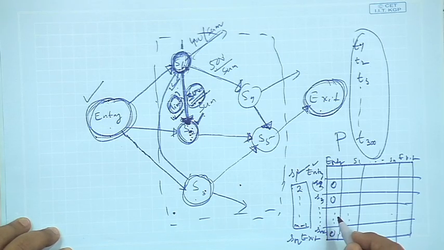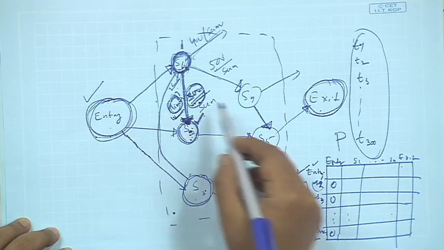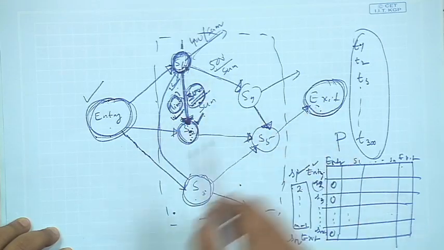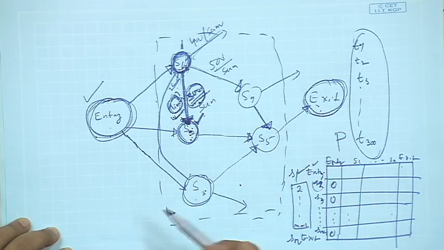Now, going from the first state to the last state, from entry to exit, is not possible, because in the model people will be visiting at least one state before going to the exit state, otherwise he is not your customer.